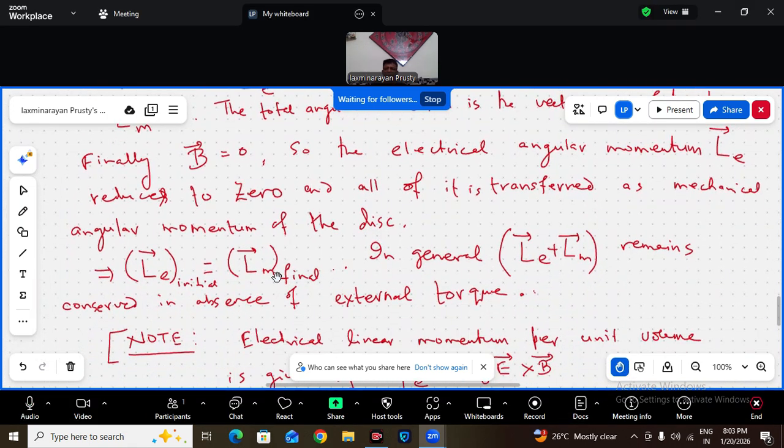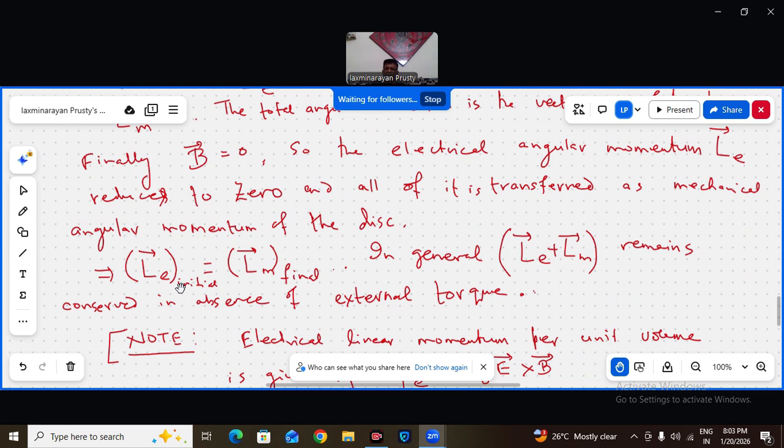Okay, so Le initial, and initially Lm was 0. So total angular momentum was Le only initially, and total angular momentum finally is Lm only, because Le is 0. In general, Le bar plus Lm bar remains conserved in absence of external torque.